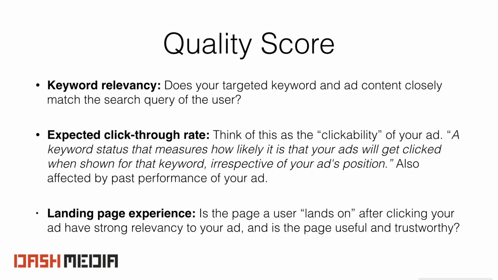Can you imagine what would happen if every time you went to make a search on the search engine, the results that it returned and the ads it displayed were of absolutely no help to you whatsoever? Well, people would stop using it, wouldn't they? So Google is very concerned and very careful about serving the highest quality content and most useful and trustable content to people who are using its search engine.